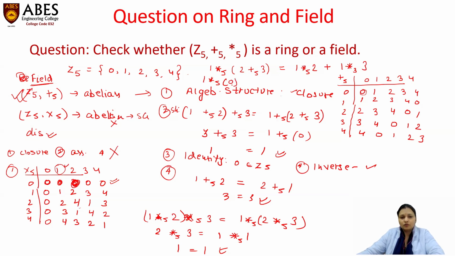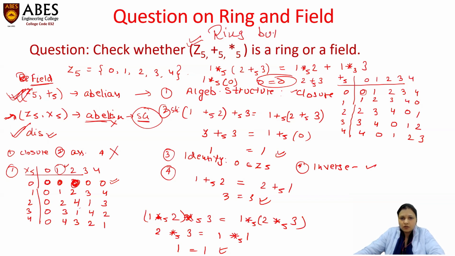So 1 into 0 gives us 0. The LHS will be 0. On the right side, 1 into 2 gives 2 and 1 into 3 gives 3, and addition modulo 5 also gives us 0. So the distributive property is satisfied. So the first property is satisfied, the last property is satisfied, and for the second property, it is not an abelian group, but it is a semigroup. So this is a ring but not a field.